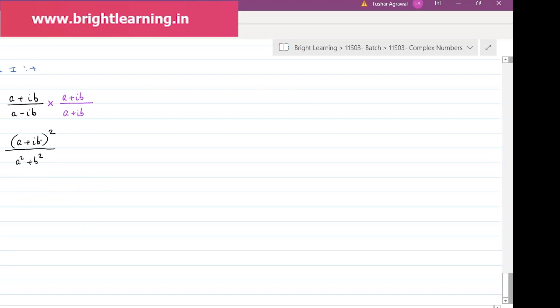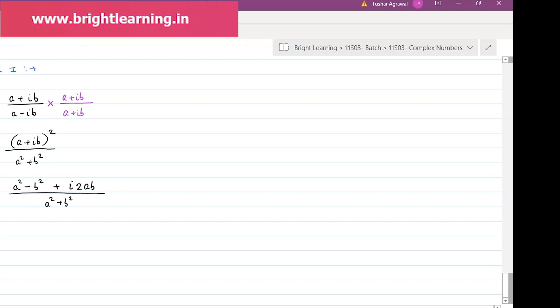A plus ib complete square is a square minus b square, since ib complete square is minus b square, and the imaginary part is i times twice ab. This is divided by a square plus b square.